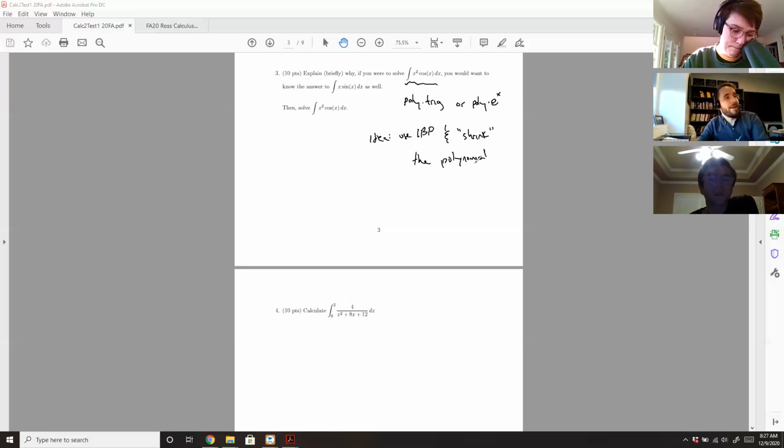The idea here, as a reminder, is that integration by parts uses a formula, and it's been a million years since we've thought about it, but the formula was as follows. We're taking an integral of two things being multiplied together. We had a u, and then we had another expression which was interpreted as a derivative, so v prime. Each of these are expressions involving x, and we're integrating dx.